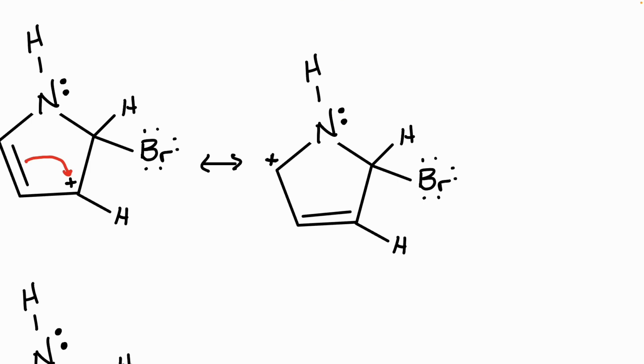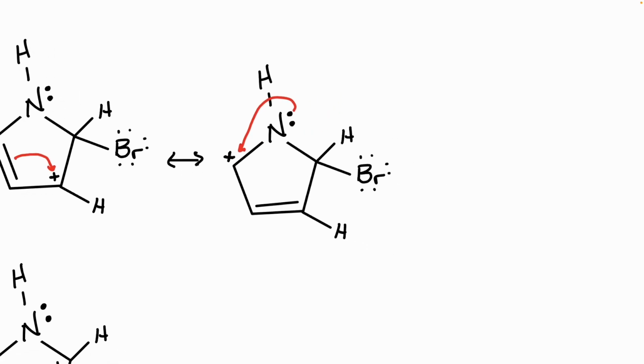So now I have a different pattern to spy here, but I do have a lone pair located right next to that positive charge. And so that lone pair can attack that carbocation, giving me my other resonance contributor, which is going to have a double bond on that nitrogen.